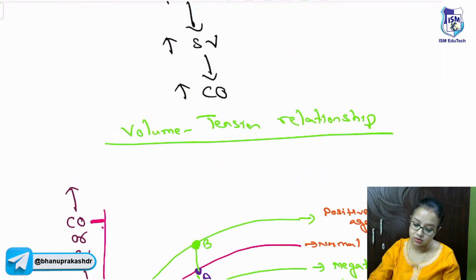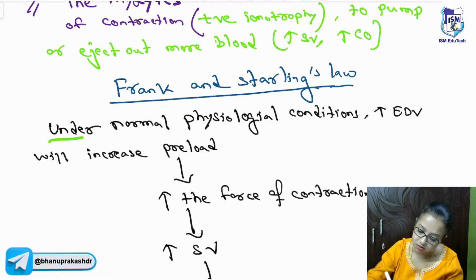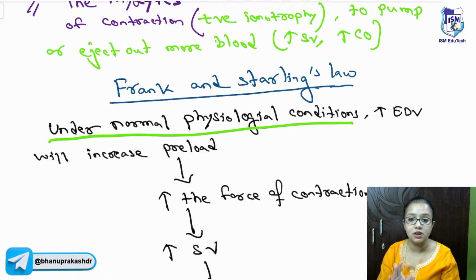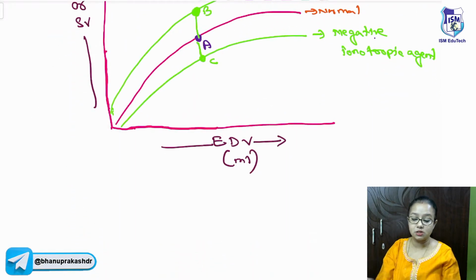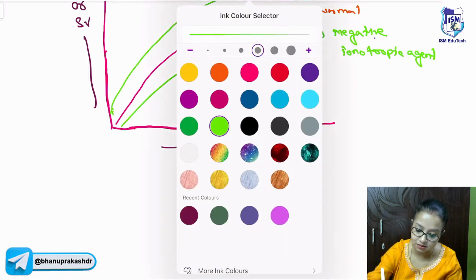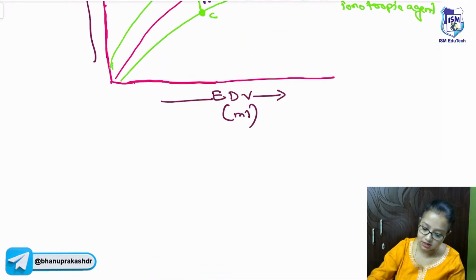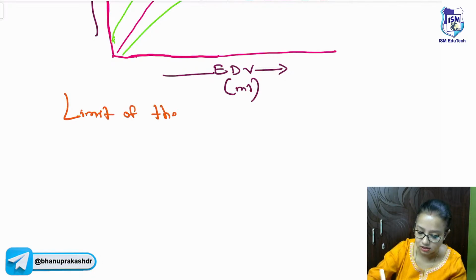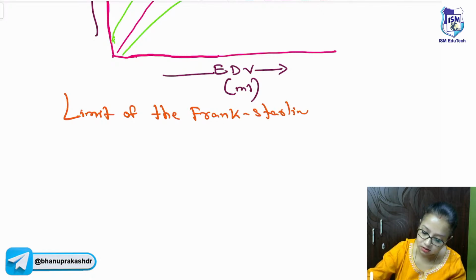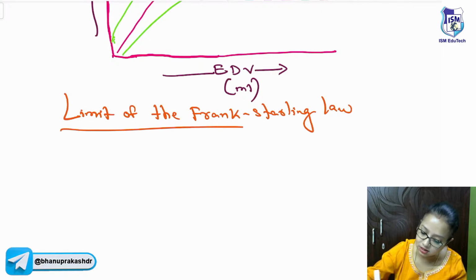Now here the first line, you remember what we told, under normal physiological condition. What does under normal physiological condition mean? It means that it has a limit. It's not that whatever amount the end diastolic volume increases within the ventricle, the Frank-Starling law will follow. No, it has a limit. What is the limit of the Frank-Starling law?